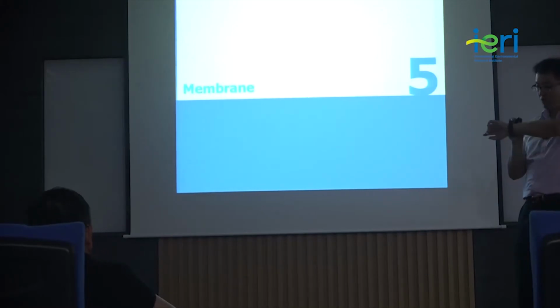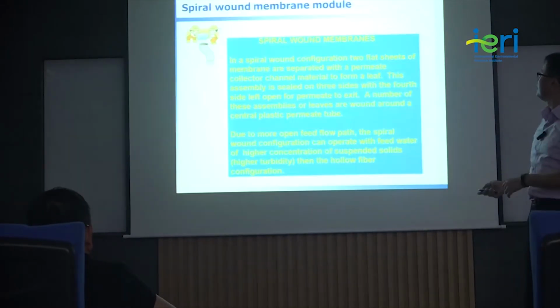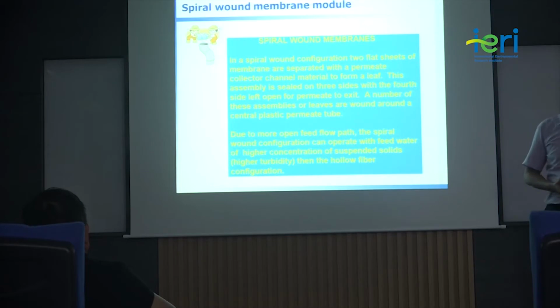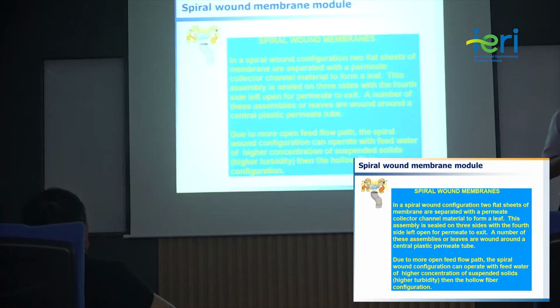So now let's move on to the membrane. There are two types of membrane modules in the reverse osmosis market. One is spiral wound, and the other is hollow fiber. The hollow fiber type membrane is made by Toyobo, a Japanese membrane manufacturer. But the market share of hollow fiber membrane is very small compared to spiral wound.